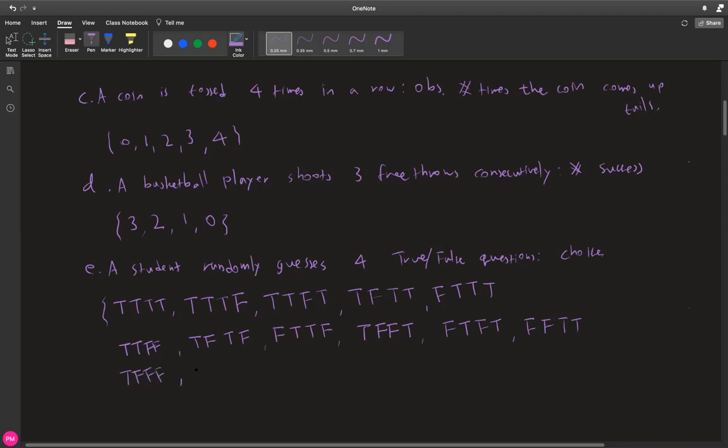And that includes false, true, false, false, false, false, true, false, and false, false, false, true, and lastly, all 4. I think that's all we have here. I may have missed a few, I feel like.